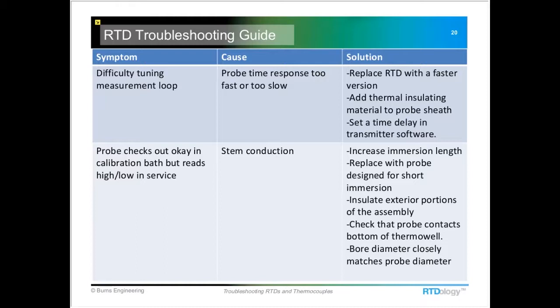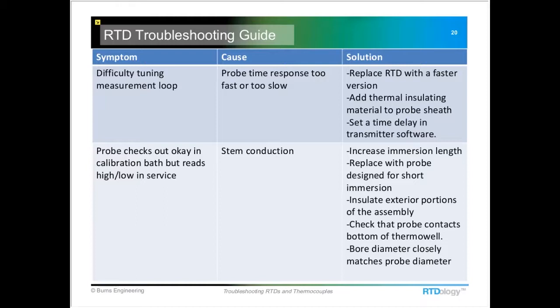A situation where it might be responding too fast might be in an environmental chamber where the door is being opened and closed and product is being put into the freezer and taken out. There you would want a probe that has a very slow response time so that it's not telling the cooling system to turn on and off every time you open the door.